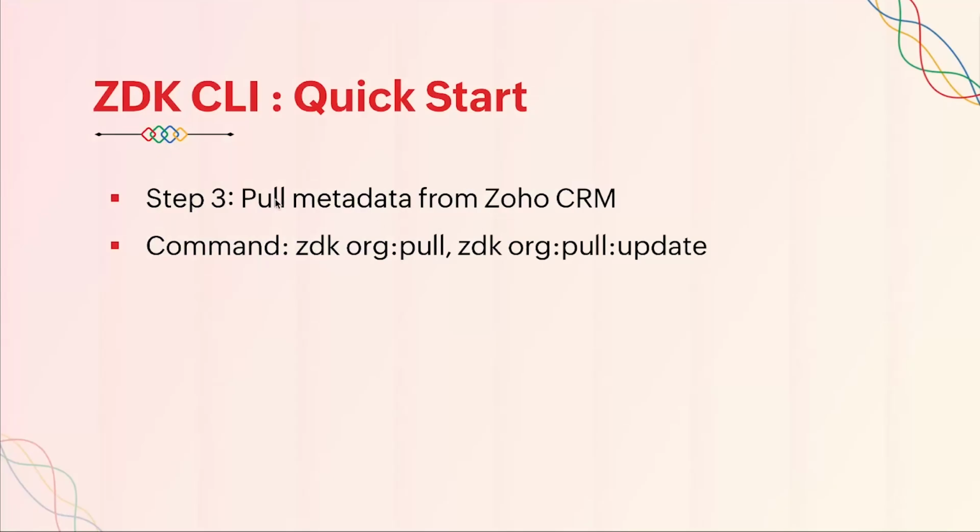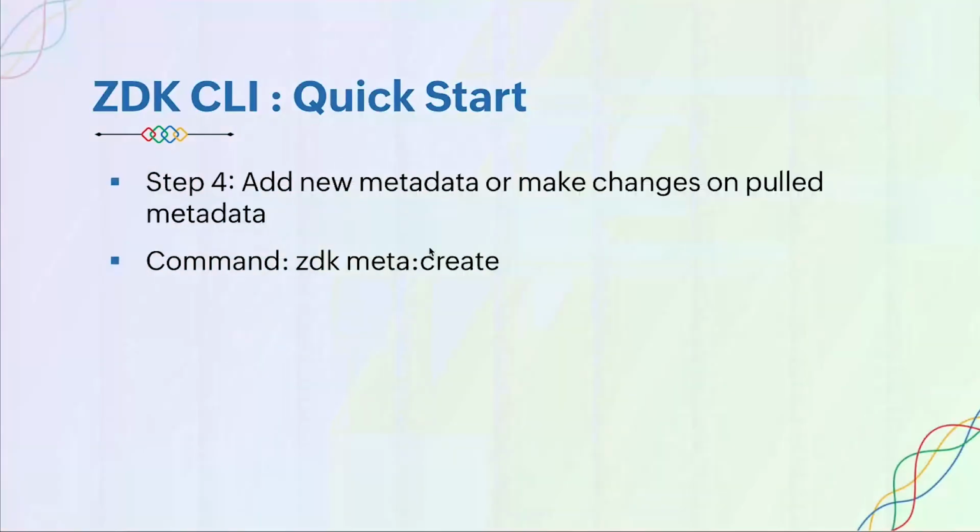Then to pull the metadata from Zoho CRM, I used ZDK org pull and ZDK org pull update commands. To add new metadata, I can use ZDK meta create command. To make changes to the retrieved metadata, I need to open the specific file that I want to modify and then make changes to it.